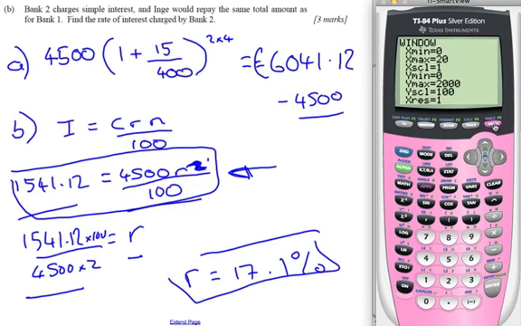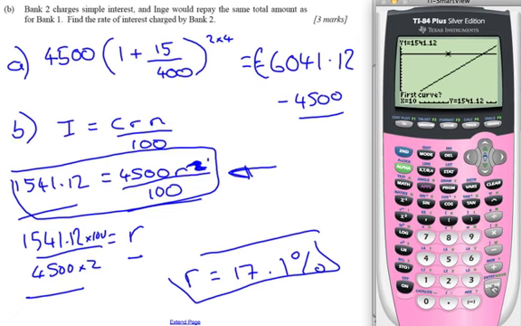Okay, let's have a look. So there's our 2 lines, and we can just calculate the intersect. Enter, enter, enter. There we are. So again, you can see it's given us the same answer, 17.1%. That's our interest rate.